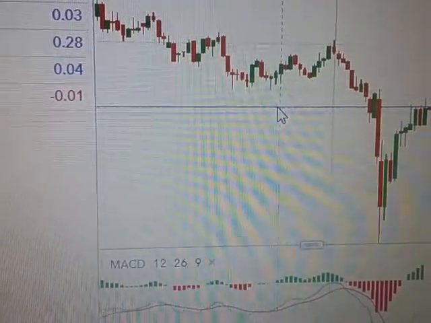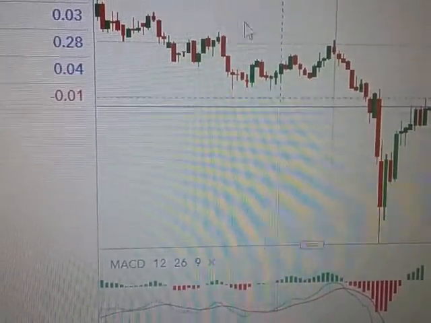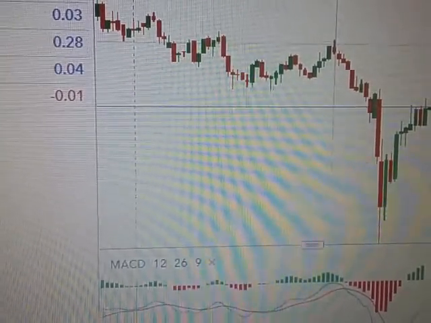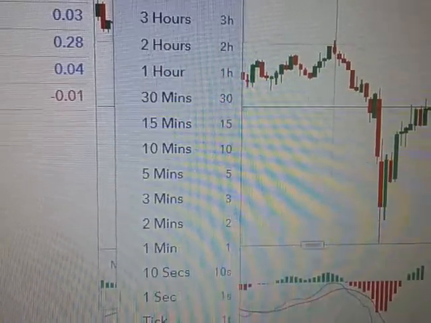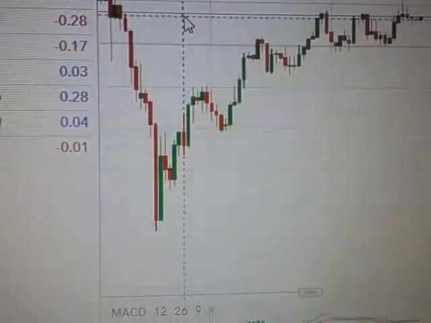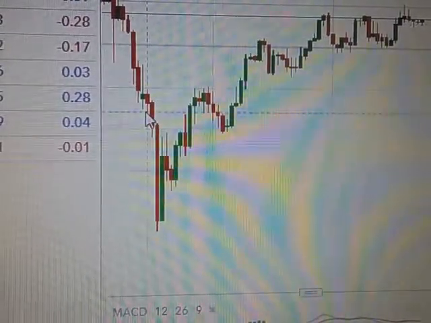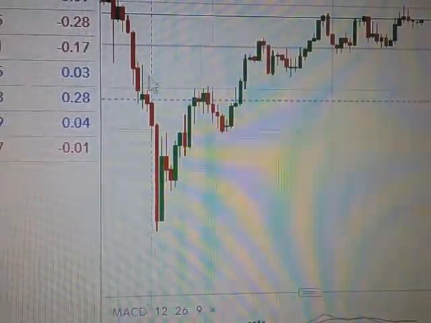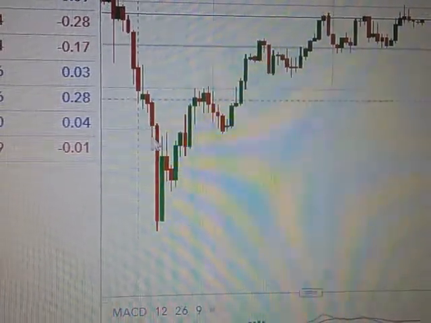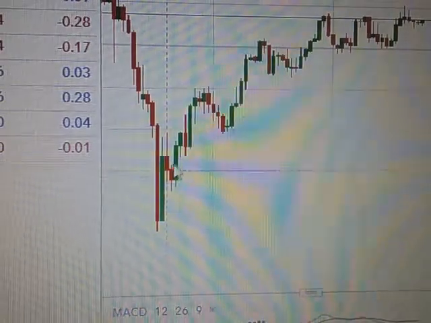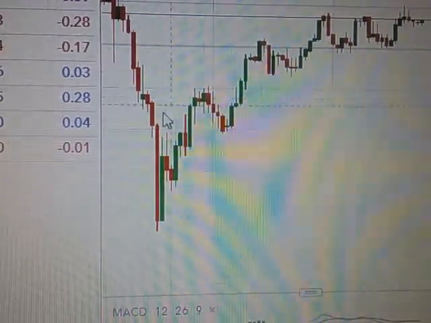So let's look at the daily. Okay, this is showing the very end of that long weekly cycle, and it looks good. Hey, we're going up.